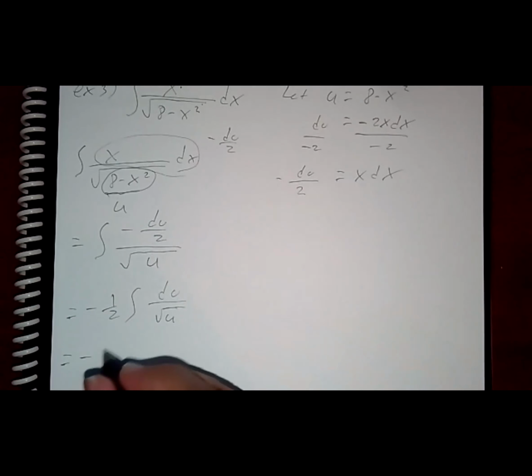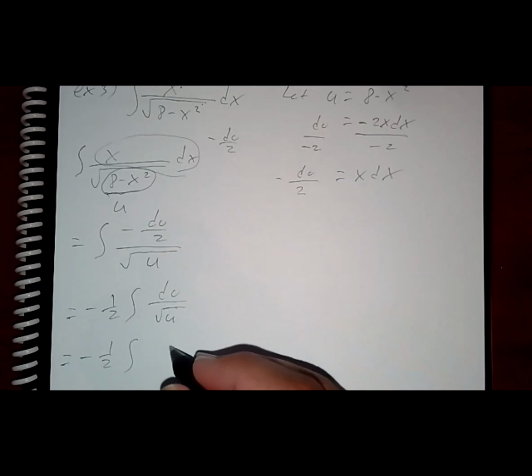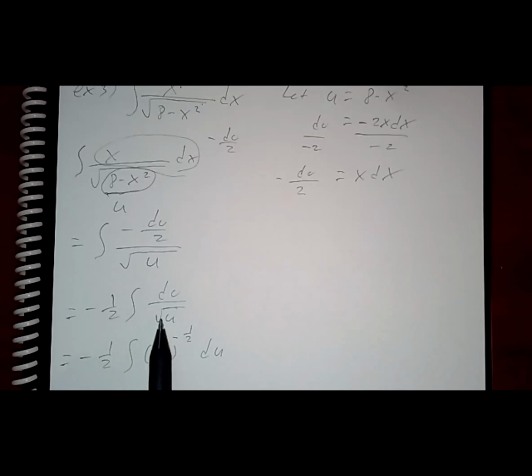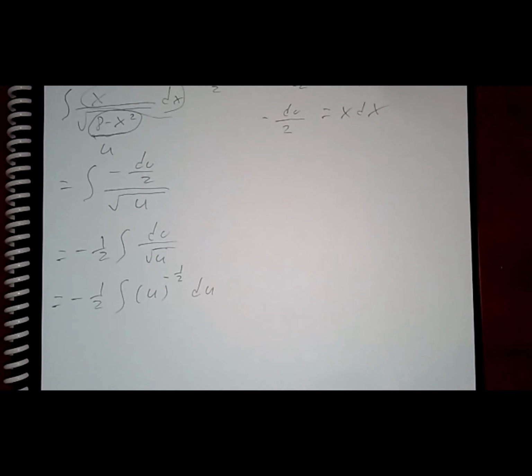We could say that this is the same as, I'm going to skip a step here, let me know if you don't see it. I'm going to rewrite 1 over the square root of u as u to the -1/2. You see how we got there?